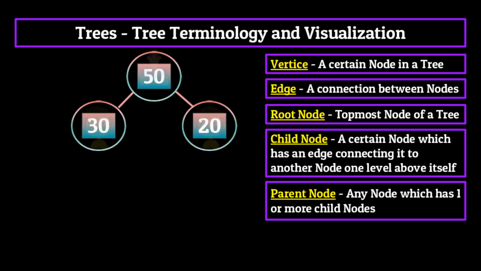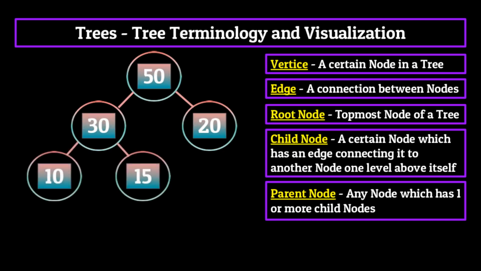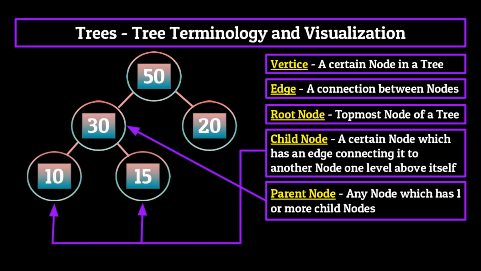Think back to our family tree. If we were using people instead of integers, it'd make perfect sense that the nodes directly connected to each other have some sort of familial relationship. Let's continue on by adding two child nodes to the node containing the integer 30. When we do this, the 30 node becomes a parent node, and the two nodes we've just added become child nodes.